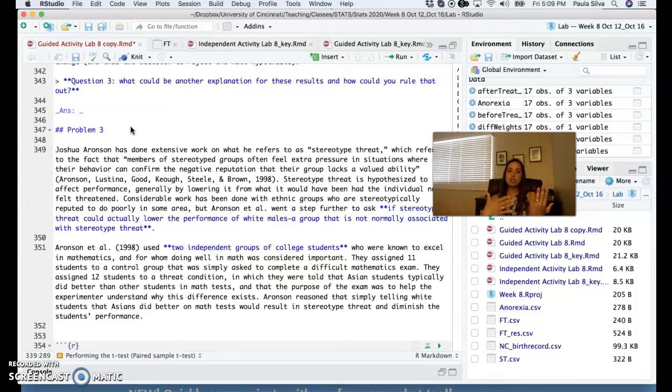So two things are going on at the same time: the passage of time and therapy. So without a control group, we cannot guarantee that the effect that we saw is not an effect that has to do with the natural evolution of the disease. Maybe the girls are getting older.